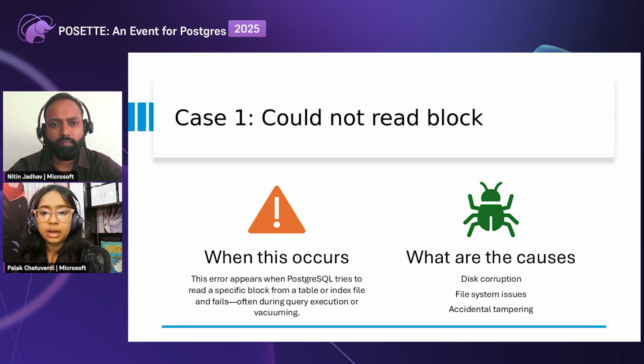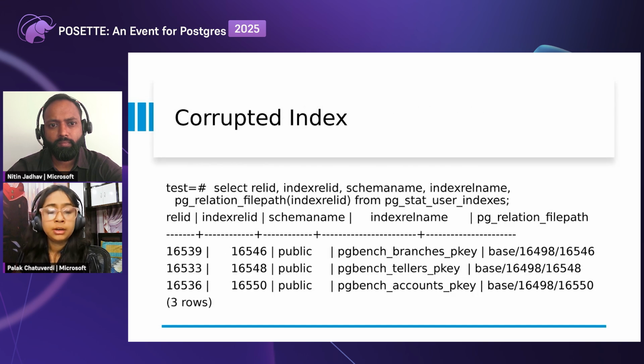Disk corruption, which might have corrupted some of the files, or file system issues, or accidentally you have truncated or removed the file, or while backing up, a partial file is backed up. All that can cause the could not read block error.